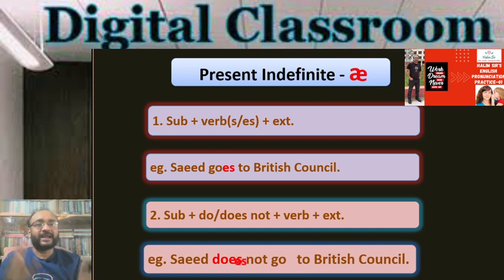The es of go has been taken by do. For this reason, do will be does and goes will be what? Go. Es has been given to what? Do. Goes es is where? Do plus es, so does.